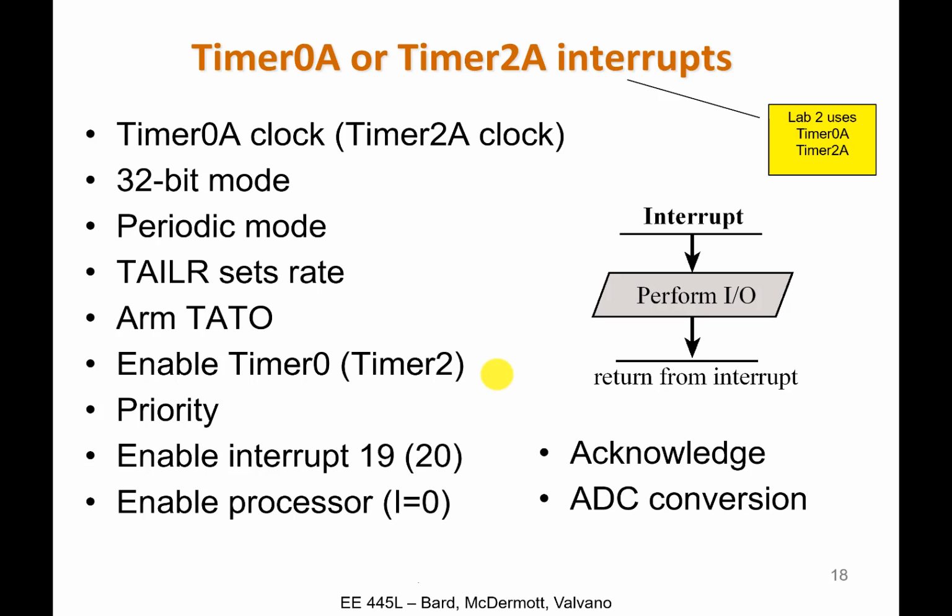Okay. Again, there's 8 timers, 0 through 7. They're 32 bits. They generate periodic interrupts. The period of the interrupt is basically going to be TAILR plus 1 times the clock, and the clock actually has a prescale if you want it.